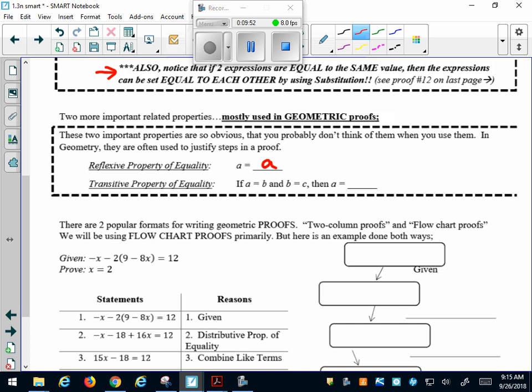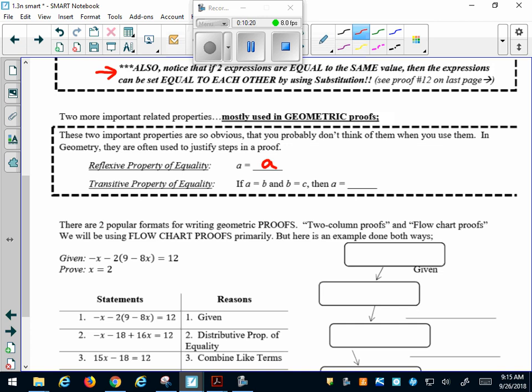Why do we have to have a reflexive property? Well, the reason is in proofs, you have to explain every single step. Although algebraic proofs are not going to have much reflexive property, there are geometric proofs that are going to require it. So it's one of those things we learn now, put on the back burner, and we're going to use it a lot more later.